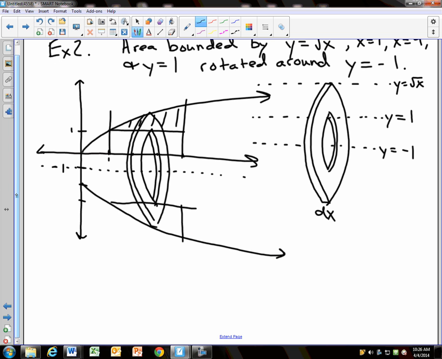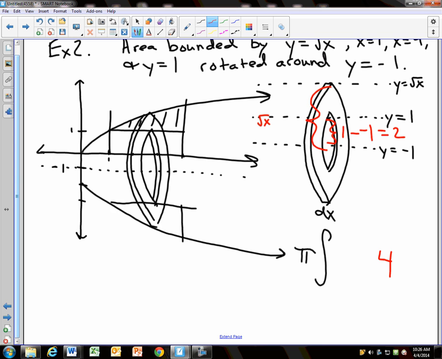So when people wonder about the integration process, we just have our integral, pi times, I have to now calculate my little radius. My little radius is equal to the distance from the top to the bottom. The way I find distance is I take the top and subtract the bottom. So little r is equal to 2. Squared is 4. The larger radius is equal again to the top minus the bottom.